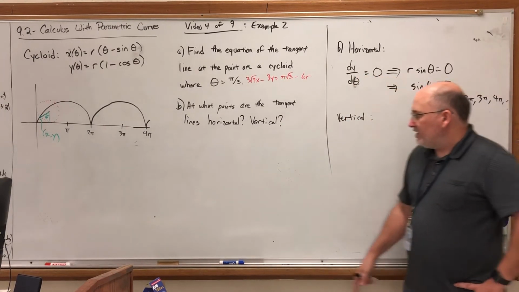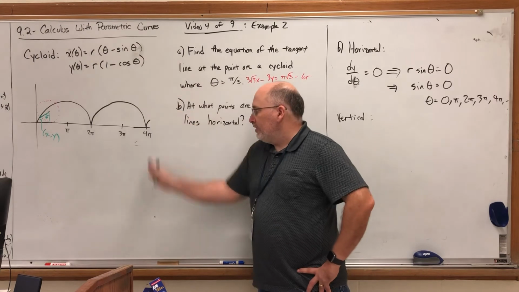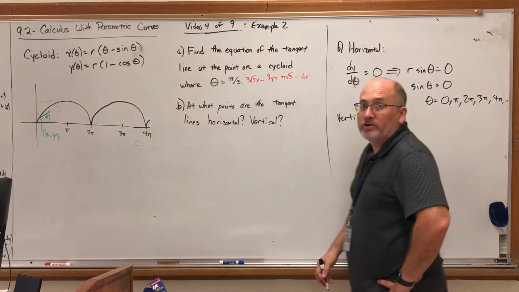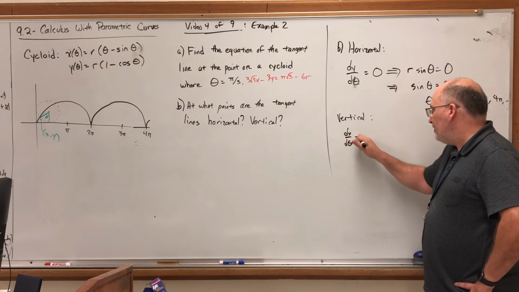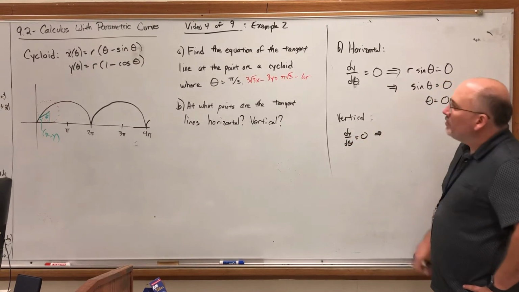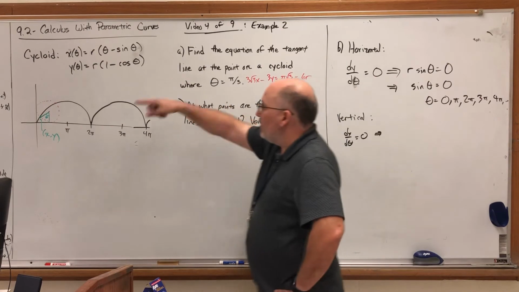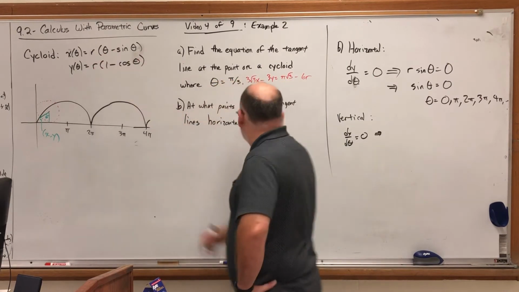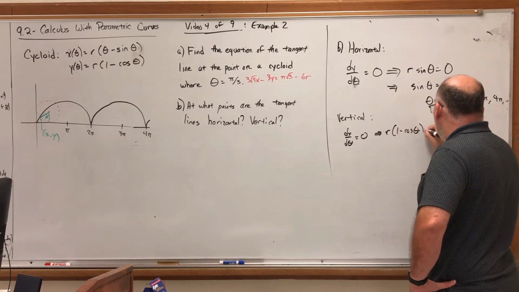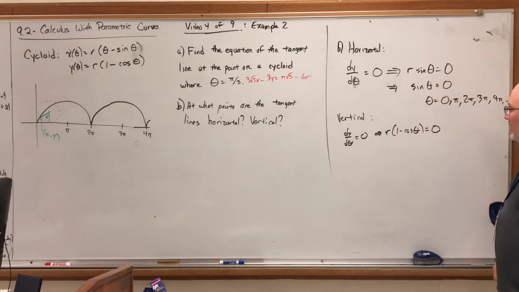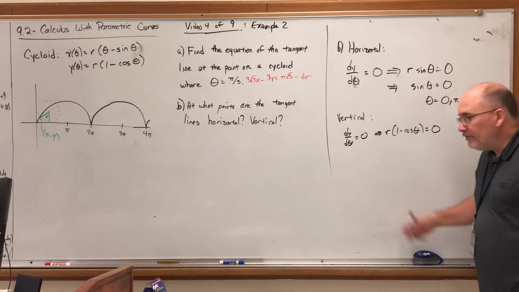For the vertical tangent lines, we need the derivative of the x parametric equation to equal 0. dx/d theta is equal to 0. Well, the derivative of our x equation is r times 1 minus cosine theta. We need r times 1 minus cosine theta to equal 0. Again, assuming that the radius isn't 0, otherwise there would be no circle to move.